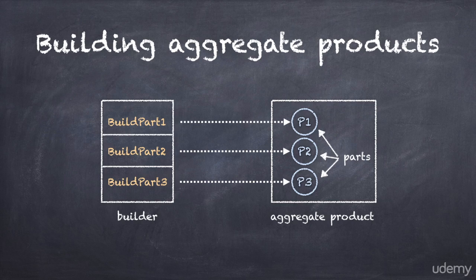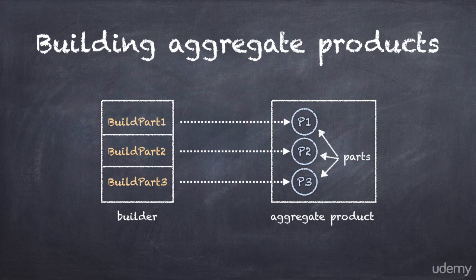So instead of adding lots of complicated construction code in the product itself, you instead move all that code into a separate builder class. Now, the builder is responsible for constructing the product by repeatedly creating and adding parts until the product is complete.